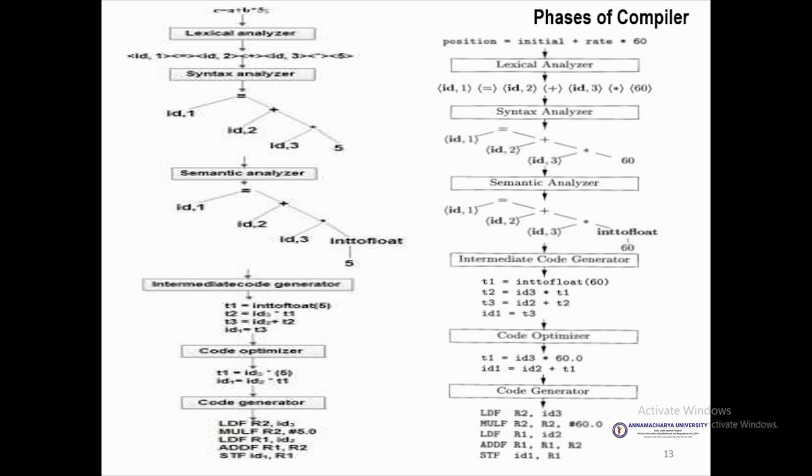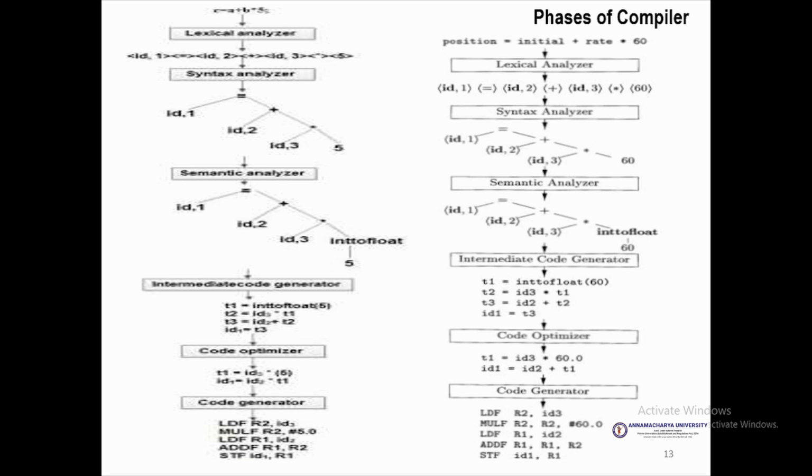The next phase, the code optimizer, reduces four statements into two statements. Then those two statements are given to the code generator phase, which generates the output in machine code.